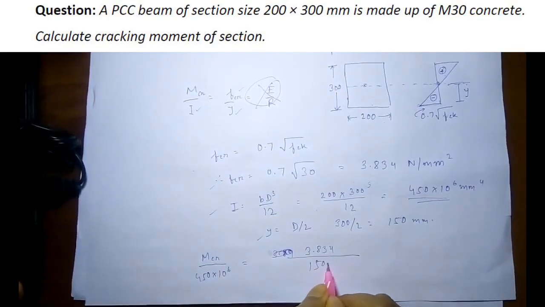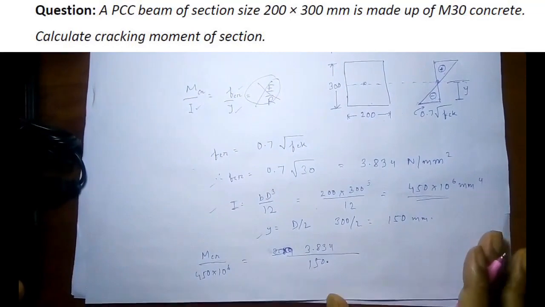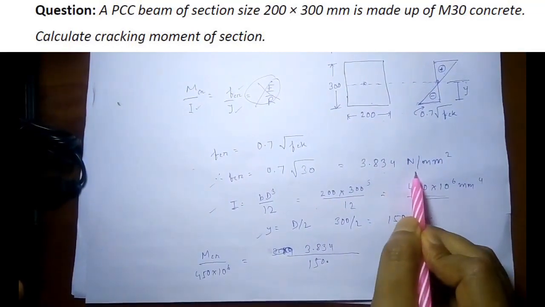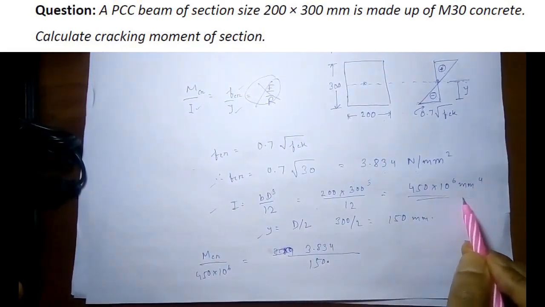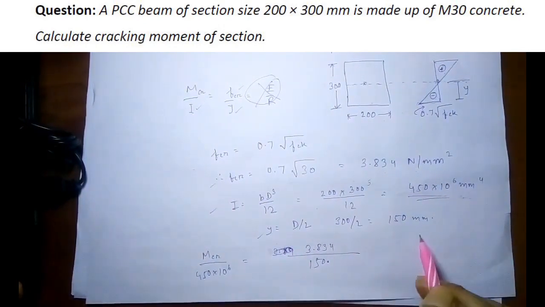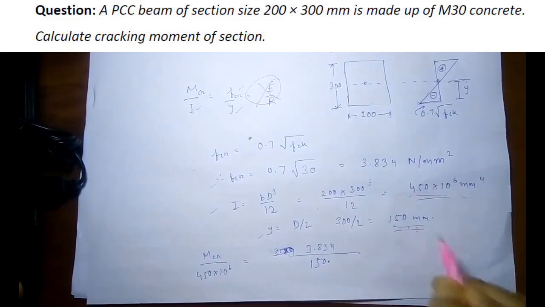I am keeping all these dimensions in mm because the strength is in Newton per mm square, the moment of inertia is in millimeter to the power 4, and the depth y is 150 mm.